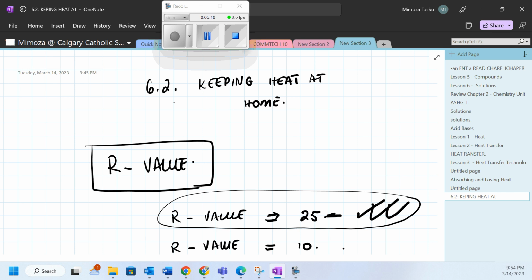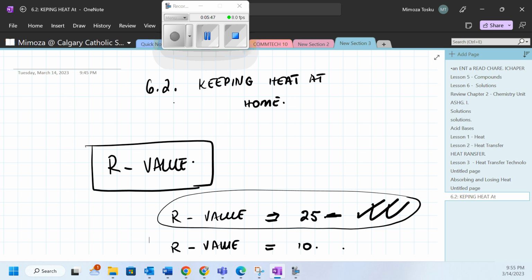When we are buying an insulator, what do we have to keep in mind? We have to look at the R value, and we have to aim for the highest R value possible, because the R value measures the insulator's ability to reduce the heat flow from the house to the environment.